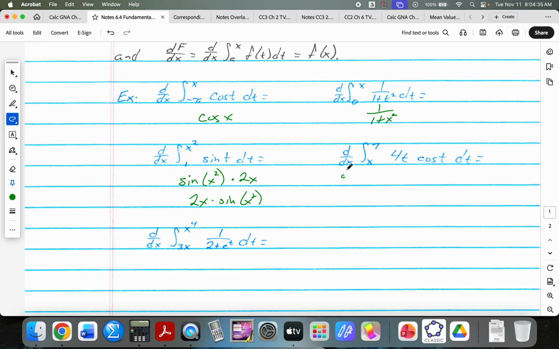So I can rewrite this as the derivative with respect to x of the opposite of the integral from 7 to x of 4t cosine t dt. So now it's just like the first two were. I'm going from a constant to x. So this is going to be -4x cosine x.